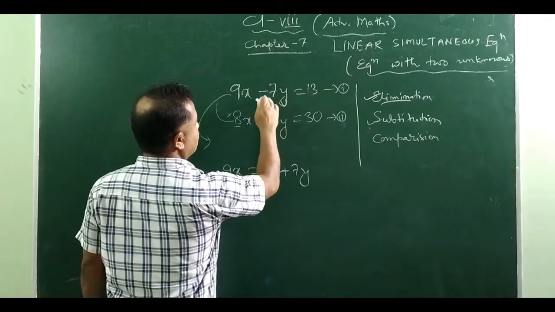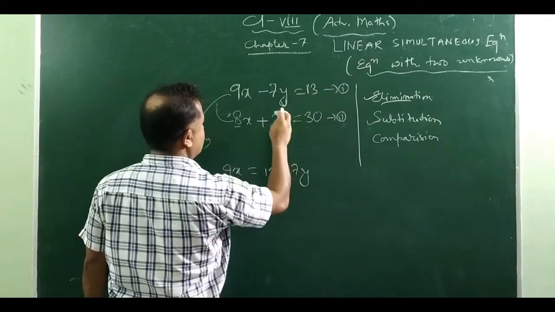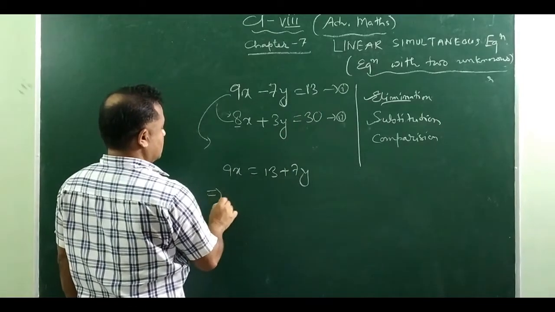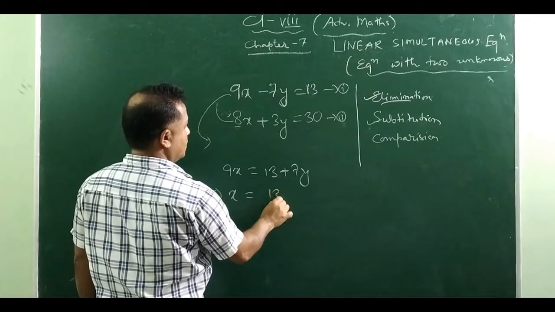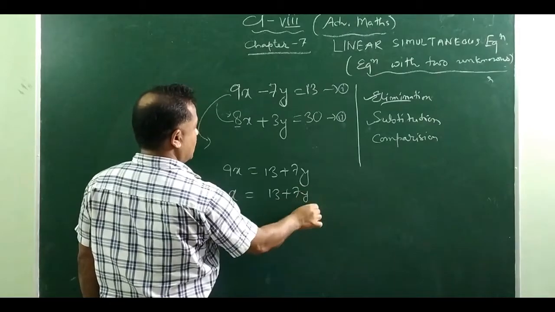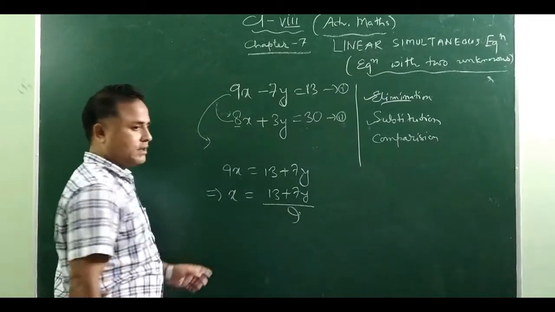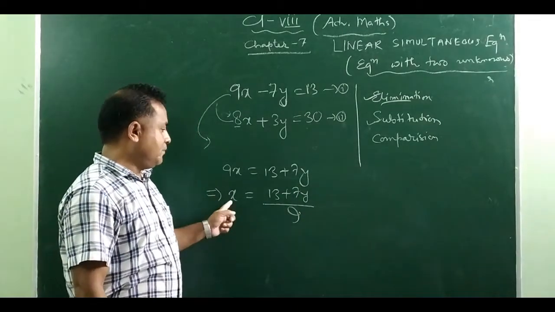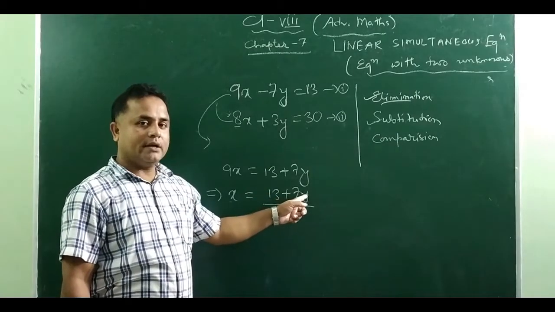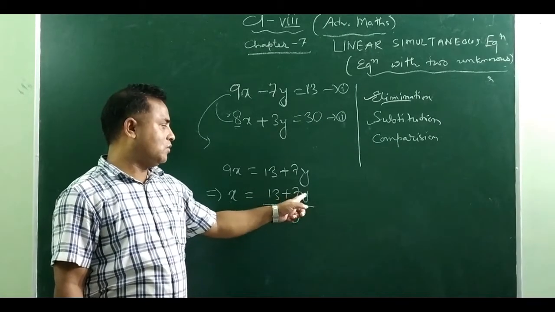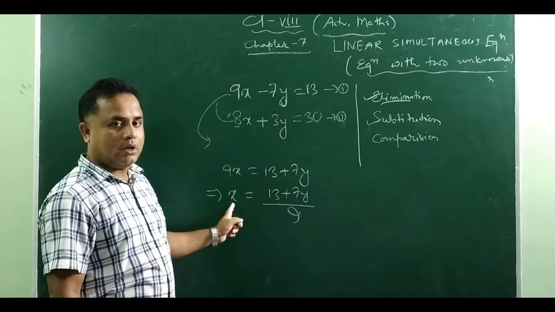That means I have transferred this to the right hand side. So x is equal to (13 plus 7y) by 9. That means x becomes dependent on y, and y is independent. Whatever value you put for y, you will get the value of x.